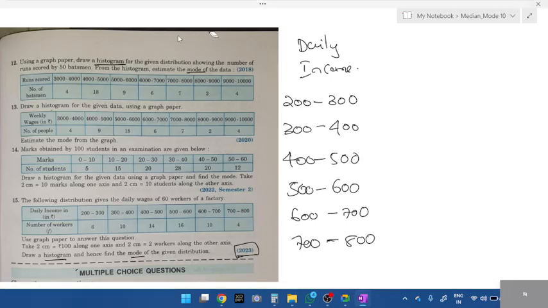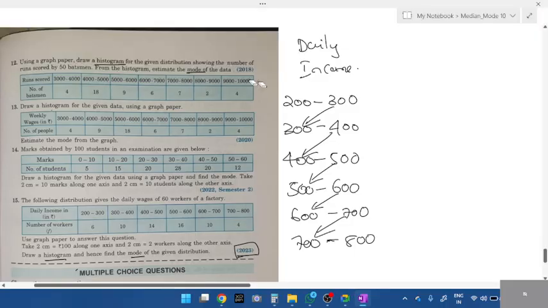Fine. In order to plot the graph, let it be any chapter in mathematics, the graph question, the first value should be continuous. Is it continuous? After 300, is it continuing here? This is known as continuous. If it is discontinuous, I have taught you how to convert. First concept: make sure the values are continuous.